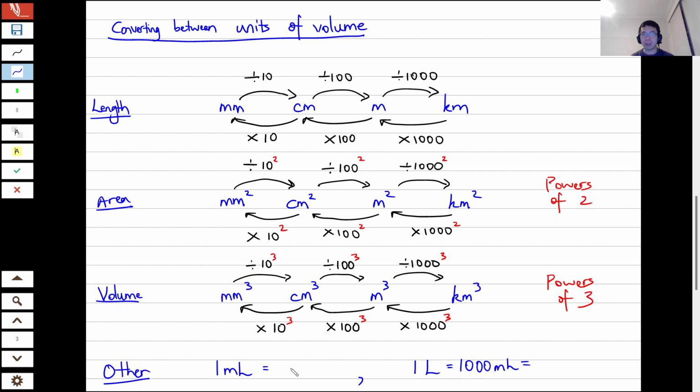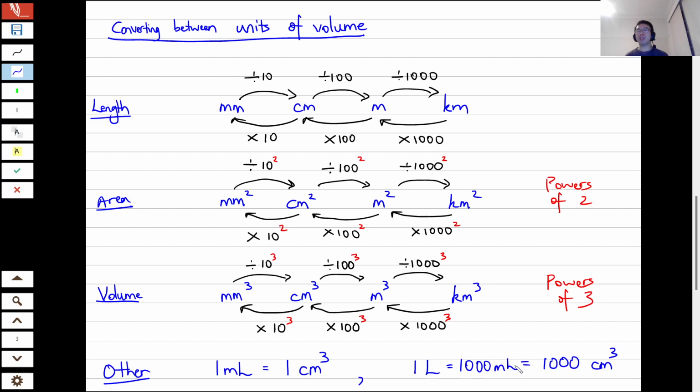Well, here's the definition. 1 mil is 1 cubic centimeter. And since 1 liter is 1,000 mils, 1 liter has to be the same as 1,000 cubic centimeters.